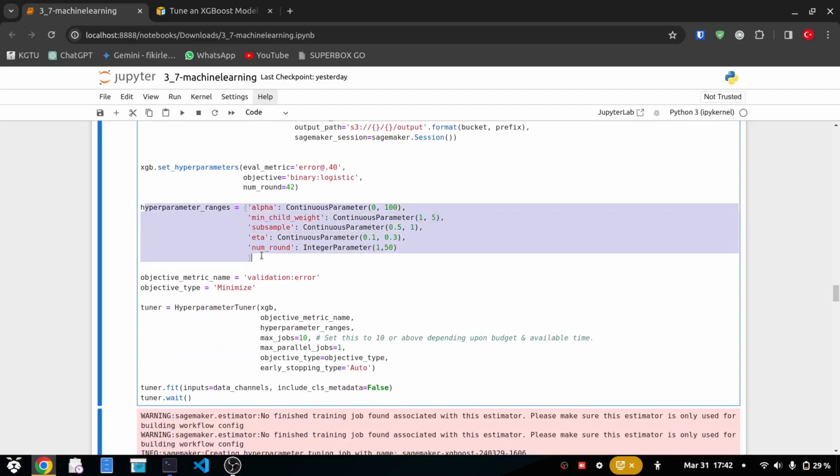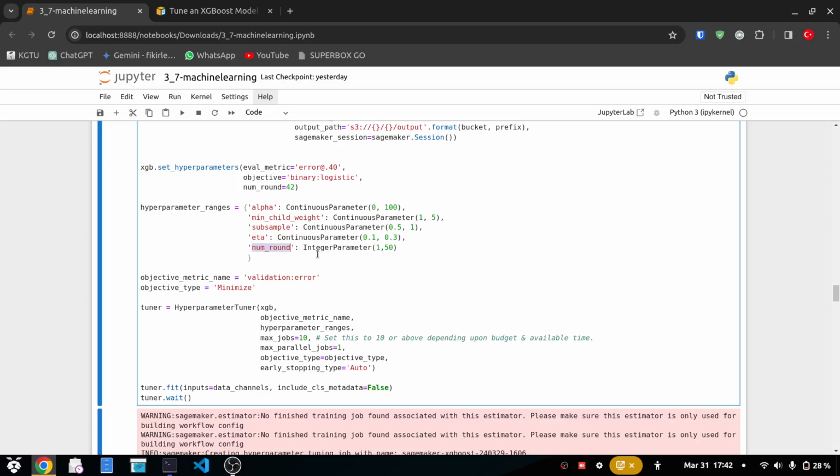So we have hyperparameter range definitions in here. We have a continuous parameter of alpha values, from 0 to 100, and min child weight as a continuous parameter as well, from 1 to 5. We have subsample, a continuous parameter between 0.5 and 1, and ETA, another continuous parameter between 0.1 and 0.3.